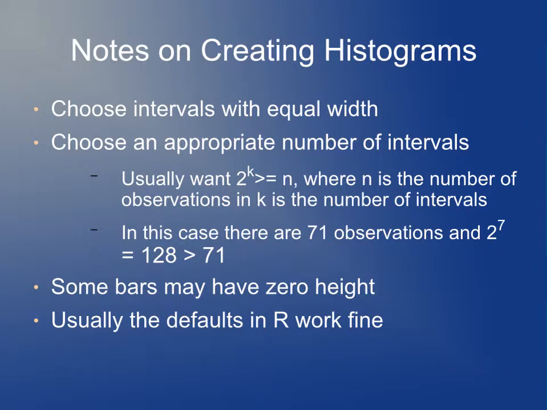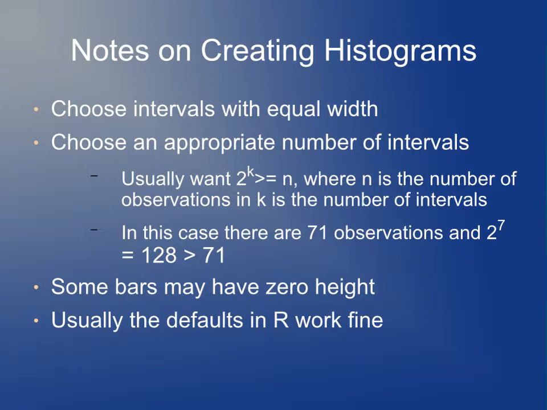So a usual rule of thumb is that you'll want 2 to the k greater than or equal to n, where n is the number of observations and k is the number of intervals. So here there's 71 observations, so we choose 7 bins because 2 to the 7 is the smallest power of 2 that's greater than 71.